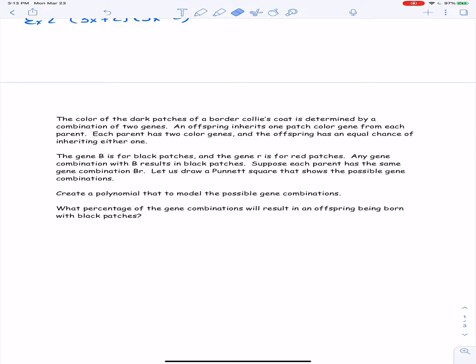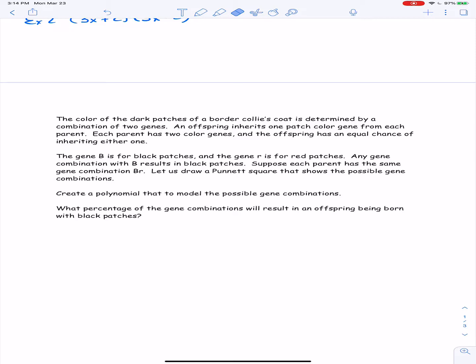And any gene combination with a capital B results in a black patch. Suppose that each parent has the same gene combination of Br. Let us draw a Punnett square that shows the possible gene combinations.